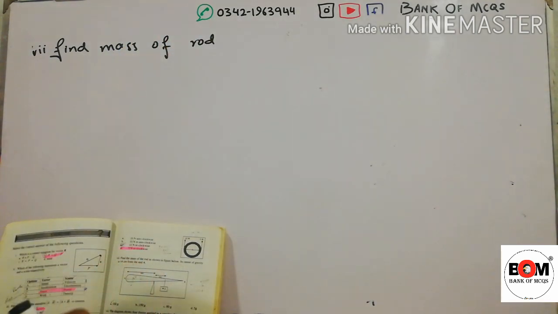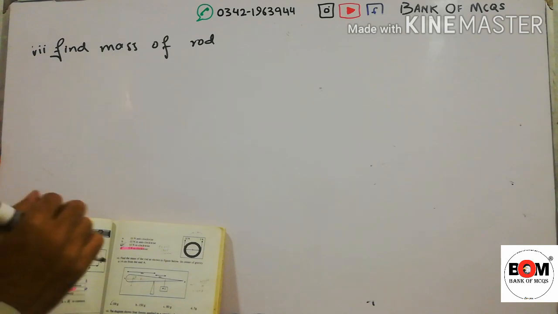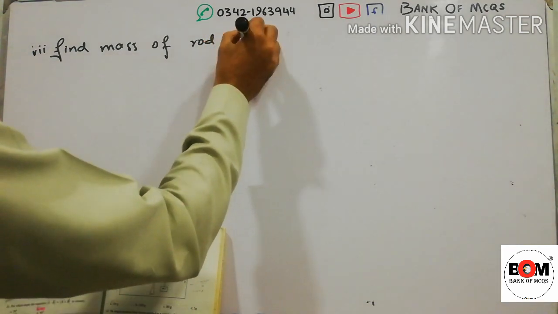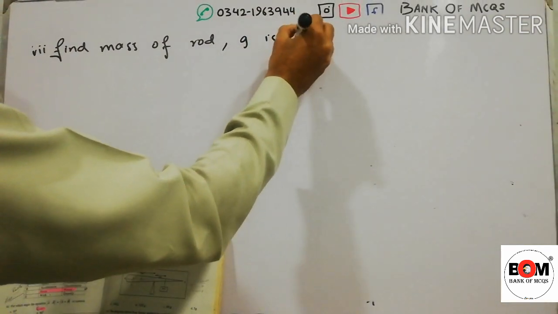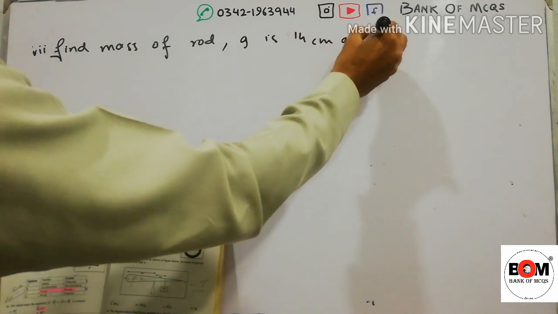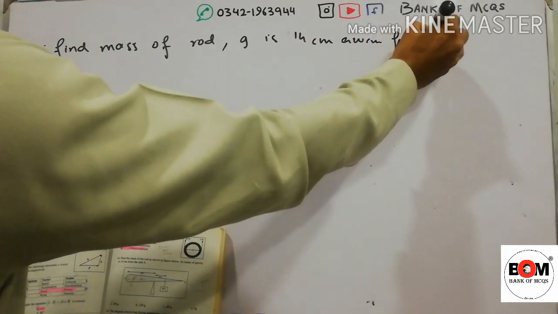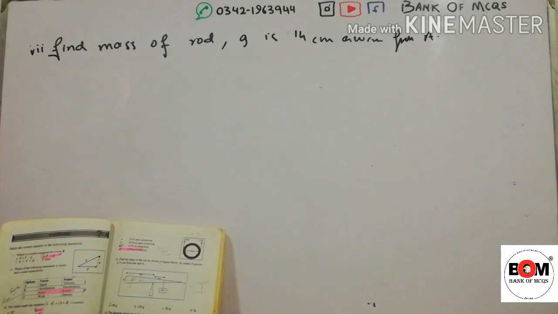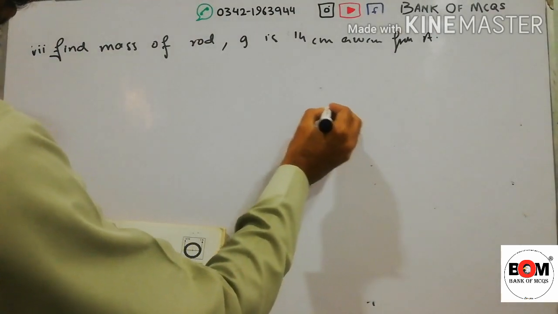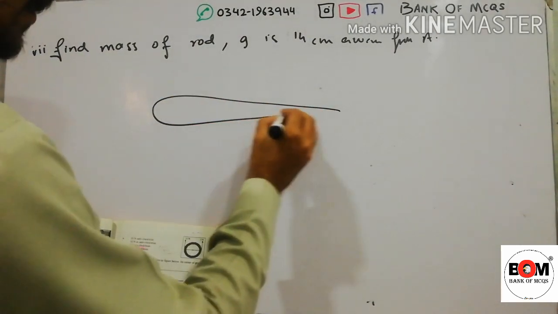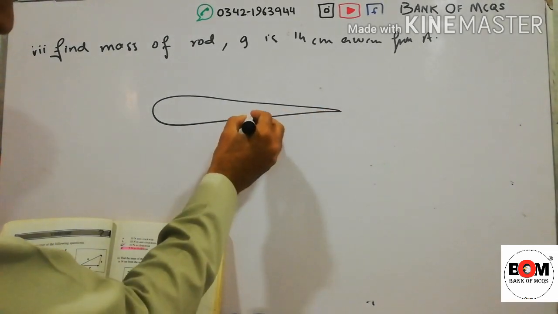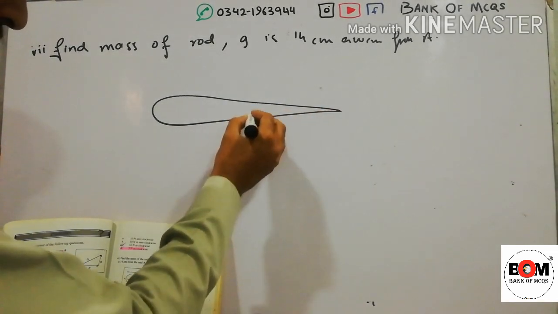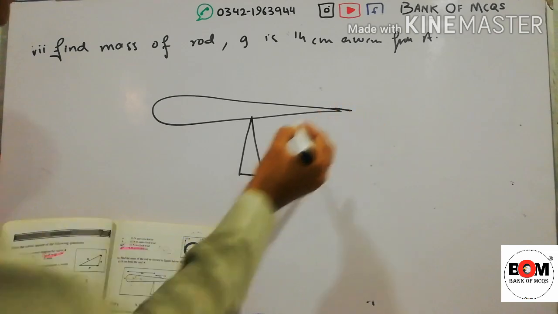We have to find the mass, as shown in the figure. Its center of gravity G is 14 centimeter away from A. So this is the diagram they have drawn. Fixed is here.